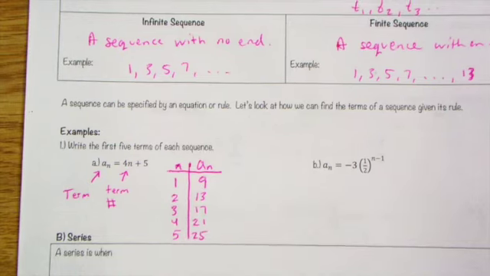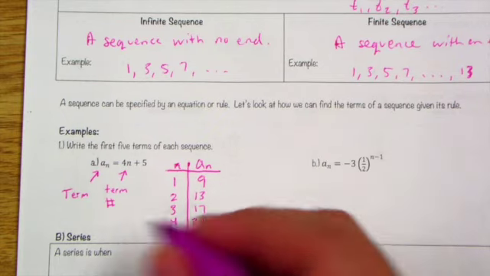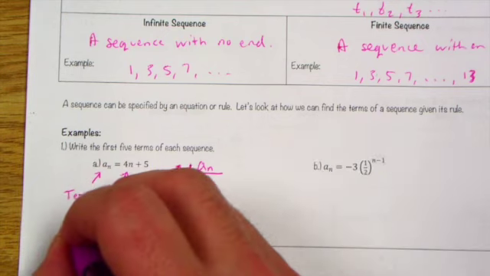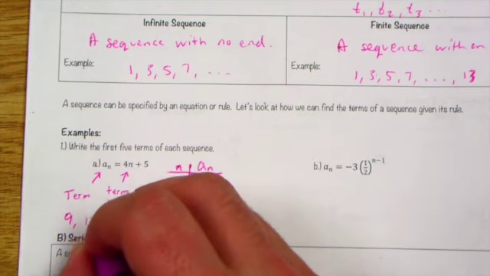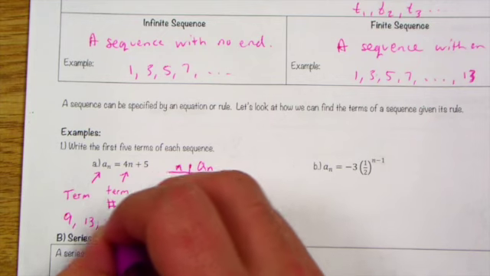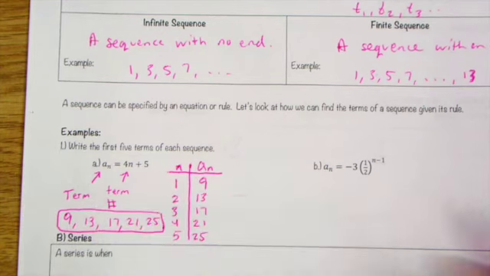That's writing out a sequence. The answer would be all of these in a list: 9, 13, 17, 21, and 25. That would be the first 5 terms of that sequence.